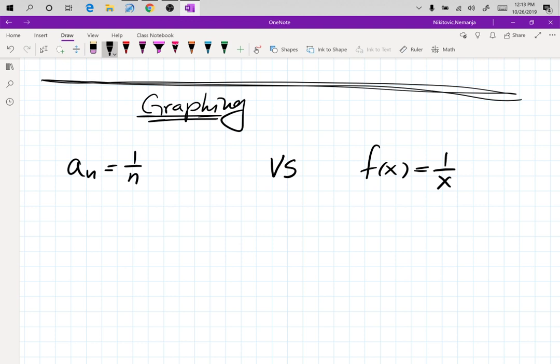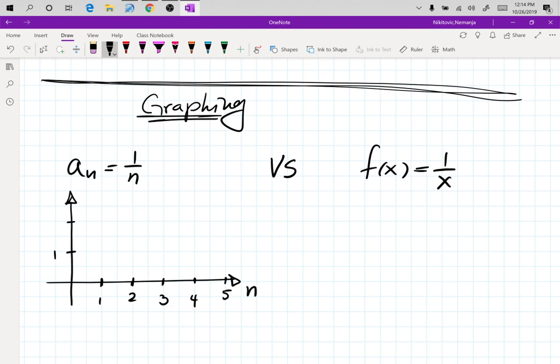All right? So now, what I'm going to have here is my first quadrant and my counting numbers n at 1, 2, 3, 4. We can squeeze in 5.